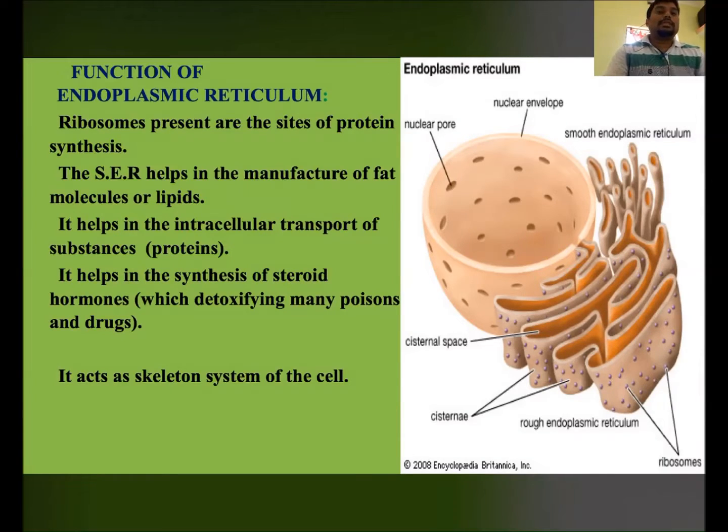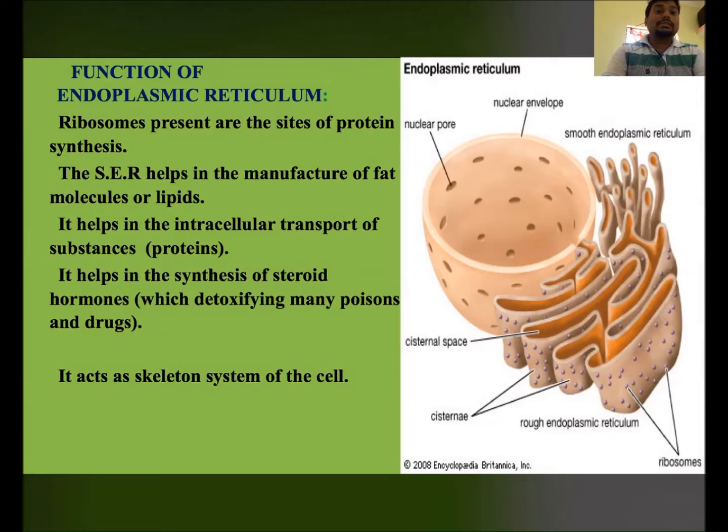Smooth endoplasmic reticulum helps in manufacture of fat molecules, or we also call it lipid molecule, that helps in formation of lipids and synthesis of membrane. It helps in intracellular transport of the substance like proteins. It helps in the transport of proteins inside the cells.